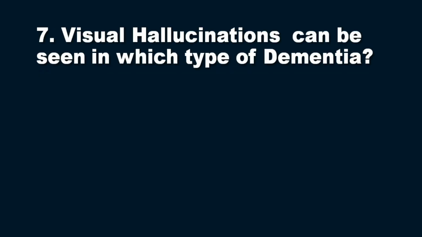Now we can move on to the next question, the seventh question in our series. The question is: visual hallucinations can be seen in which type of dementia? We know that there are several types of dementia, and dementia itself is an important topic from the exam point of view. So one of the questions that can be asked is: visual hallucination is common in which type of dementia?